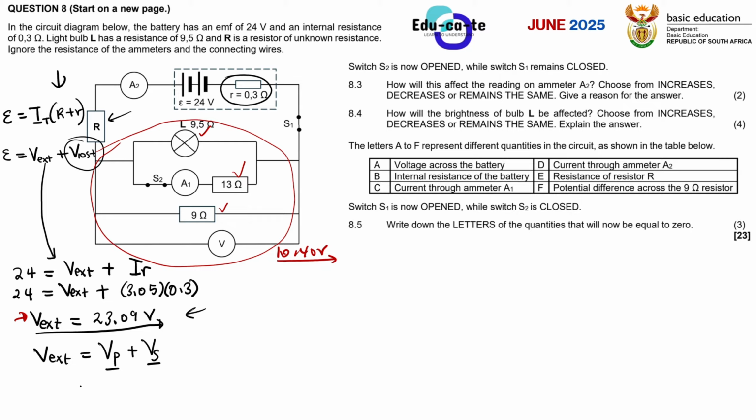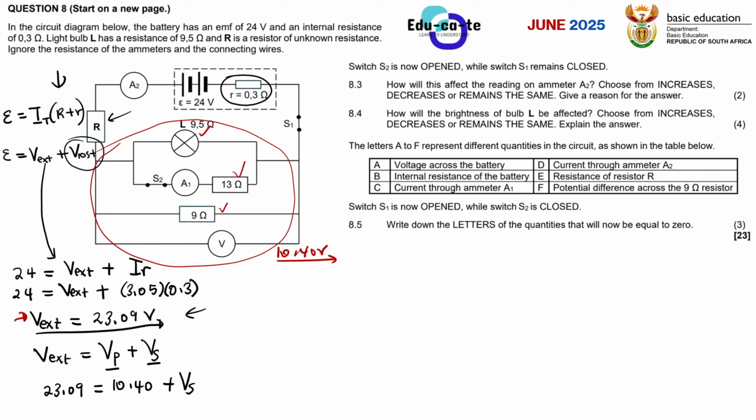The parallel voltage in this case, we already found the external voltage. Let's just substitute it there. The external voltage is 23.09 volts. The parallel voltage, you already know that it is 10.40, but the series one we do not know.